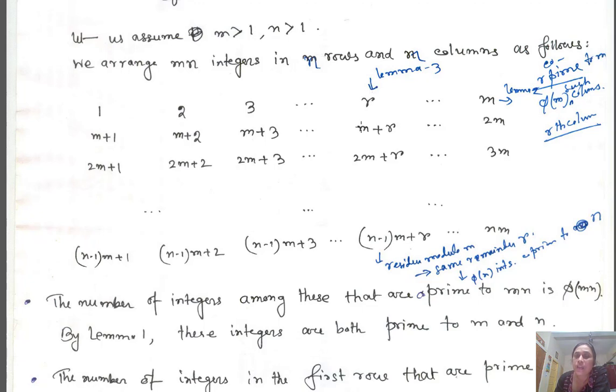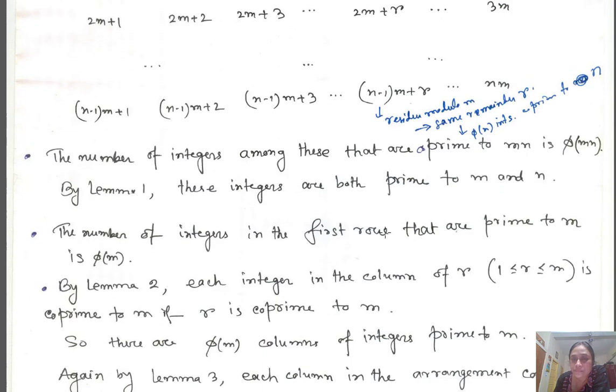Because essentially this is a complete residue system modulo n. So when you take modulo m, this set actually gives you the same remainder r. So all of them are co-prime to m, provided r is co-prime to m, because they leave the same remainder after dividing by m.